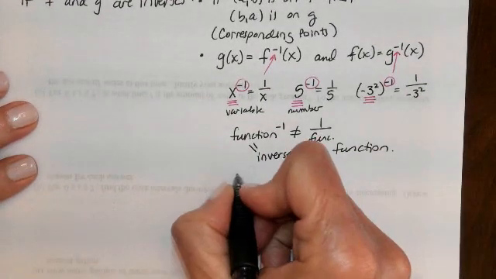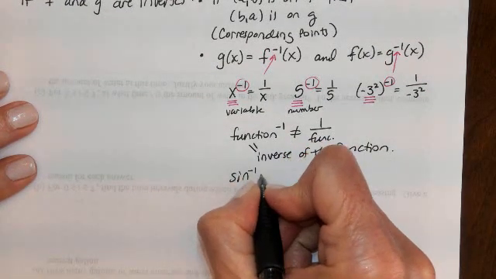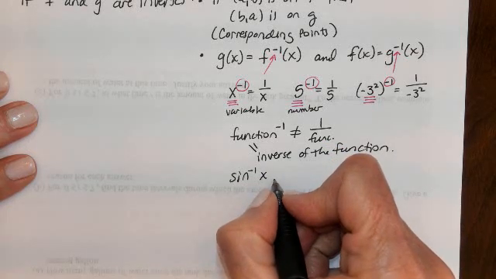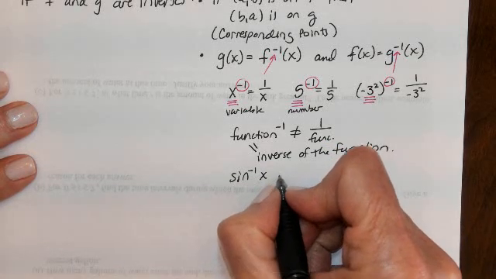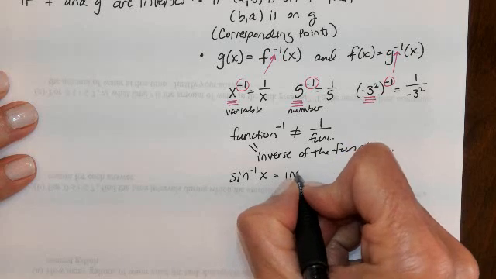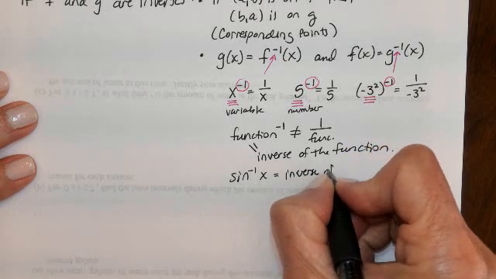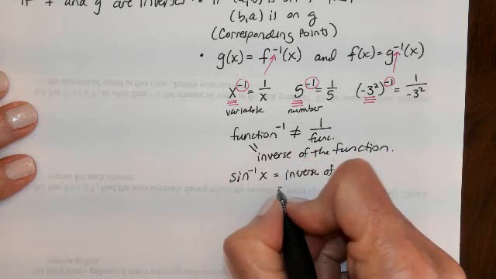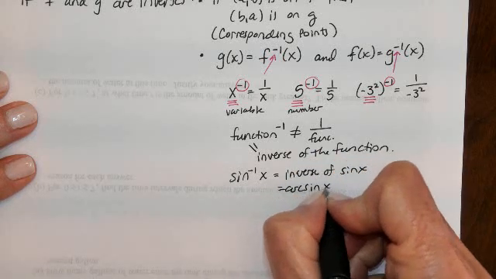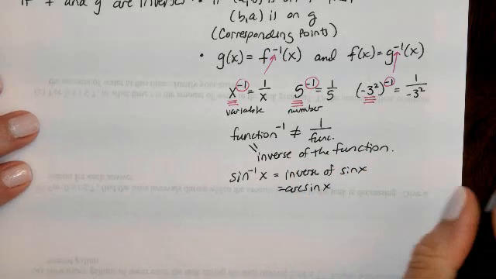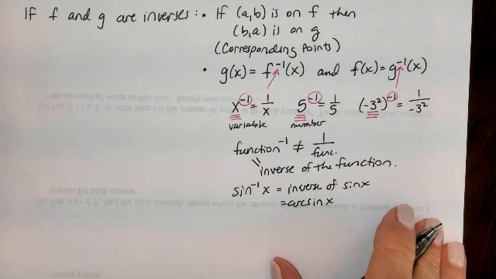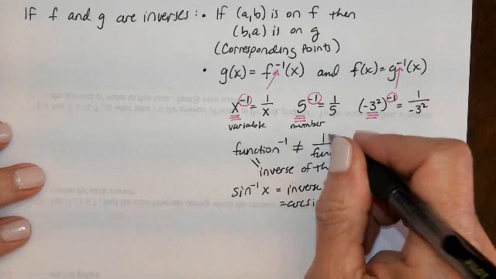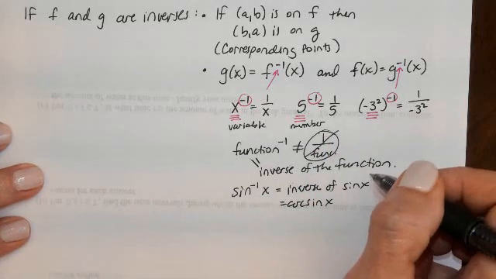Okay? So what about sine inverse of x? That does not mean 1 over sine x. It's not true. This means the inverse of sine x, also called arcsine x. All right, so a little word about notation. So a function with a -1 means inverse, not 1 over, okay.